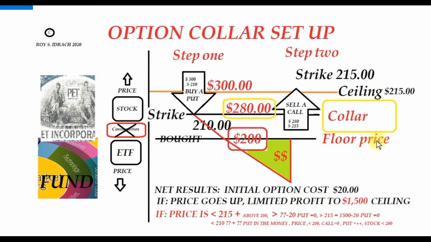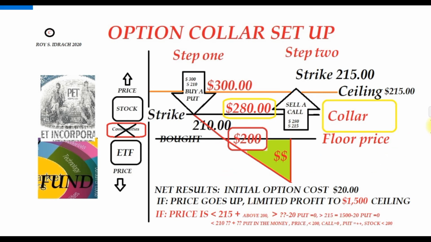This is the final part of the collar. You bought the stock, you bought a put for insurance, you sold a call, and it only cost you $20 for protection. If the price goes up, you're going to make $1,500 minus the $20 that you paid for the option, and the put is going to expire worthless, or vice versa.